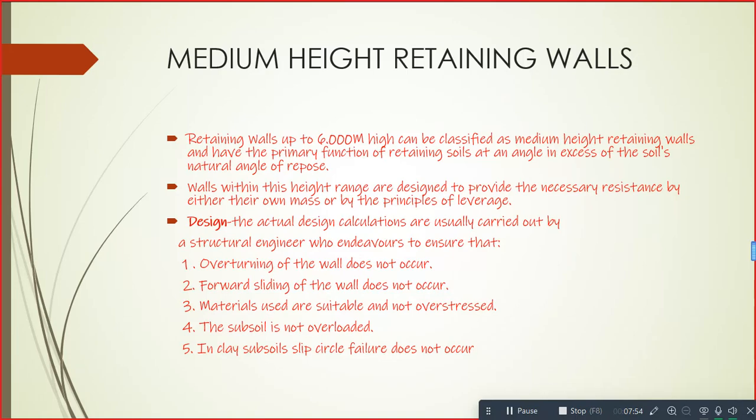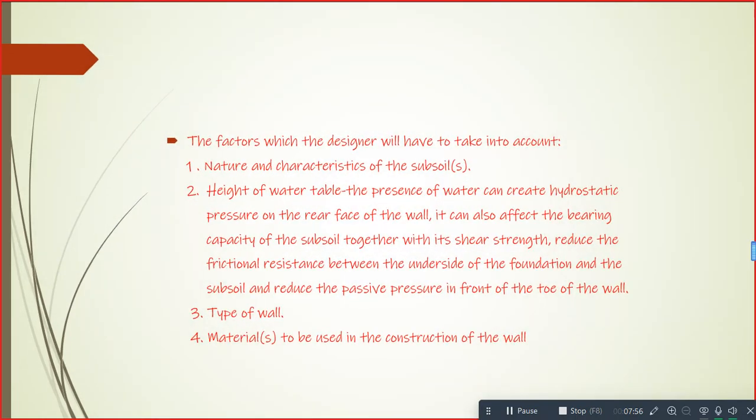Next we're going to look at factors which the designer will have to take into account when designing a retaining wall. The first factor to consider is the nature and characteristics of the subsoil.